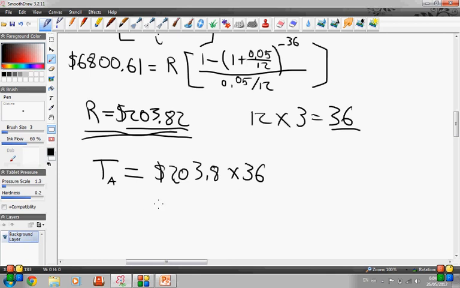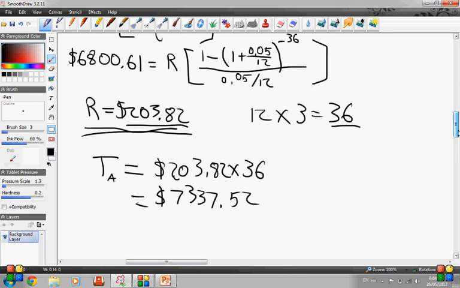So 203.82 times 36 is equal to $7,337.52.